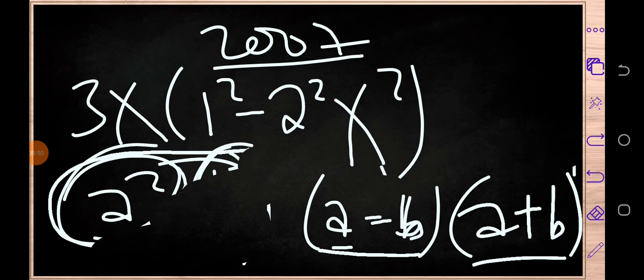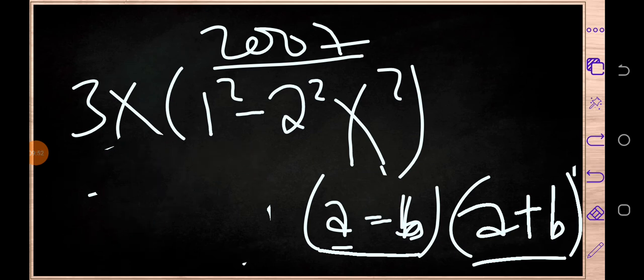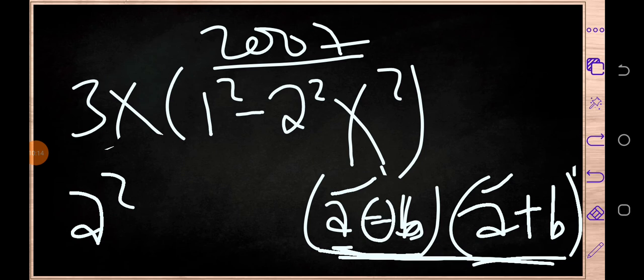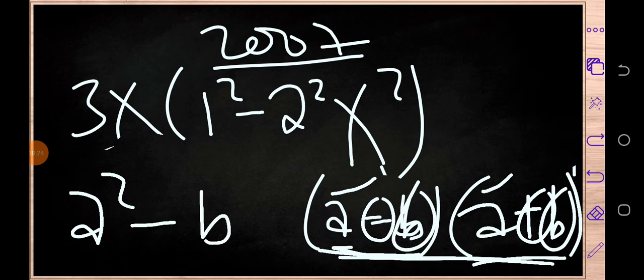Let me give you an example. Imagine I have this question. Then I want to multiply these. So I'm going to say a multiplied by this a, the answer is a squared. Then negative multiplied by this positive, the answer is negative. Then b multiplied by this b, the answer is b squared.